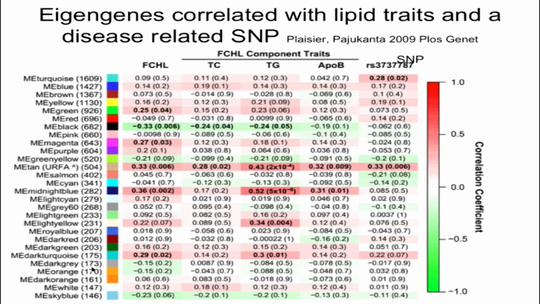For example, there's this one module indicated by the color tan in the middle whose module eigengene correlated highly with hyperlipidemia status, also with total cholesterol, triglyceride levels and ApoB levels, and also with the SNP.